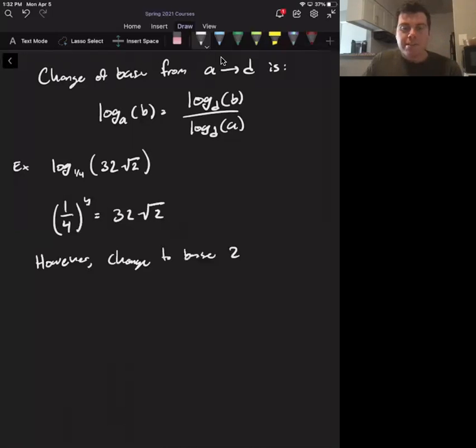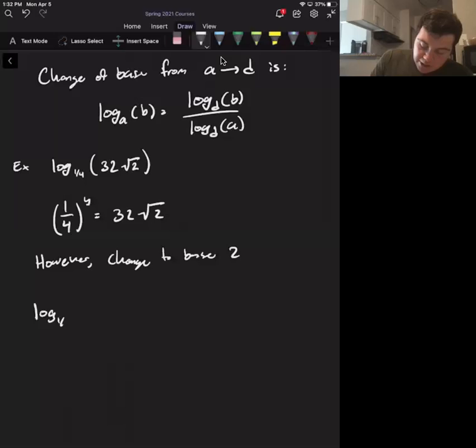And there's a couple reasons why this might be a good idea. First, 1/4, that's a power of 2. 32 is a power of 2. And the square root of 2 is a power of 2. So we'll actually be able to evaluate all of these in terms of logarithm with base 2.